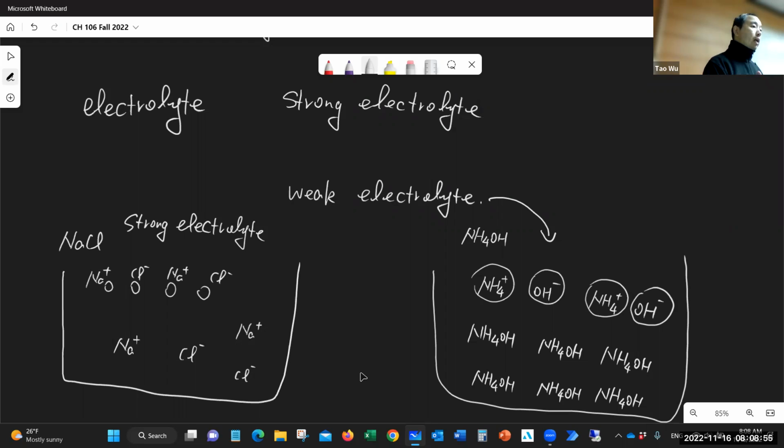Weak electrolytes can conduct electricity, but not very strongly. Non-electrolytes cannot transfer electricity. Pure water is generally a non-electrolyte. If you see deionized water conduct electricity, that's probably because the deionized water is not pure anymore.